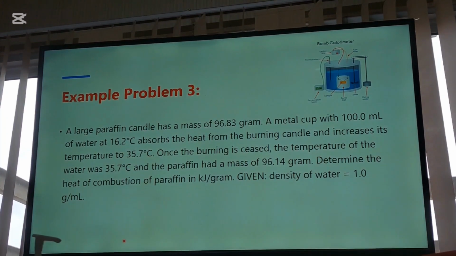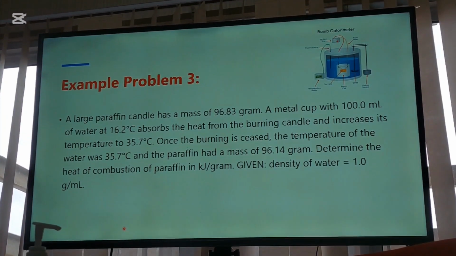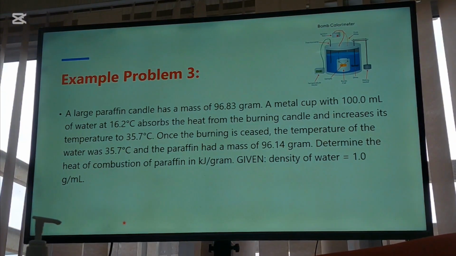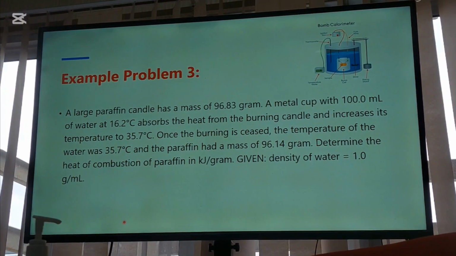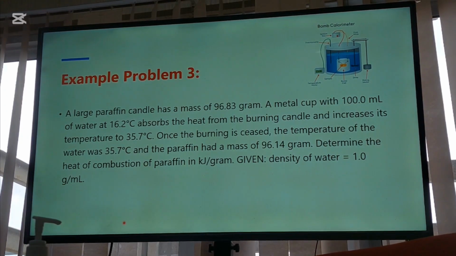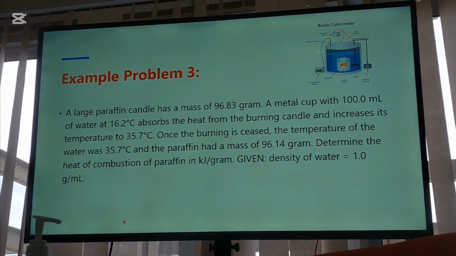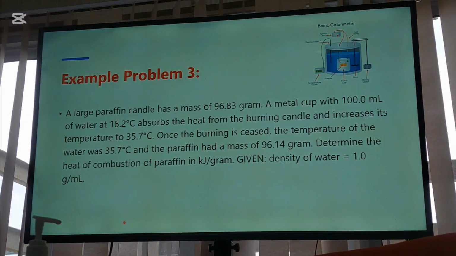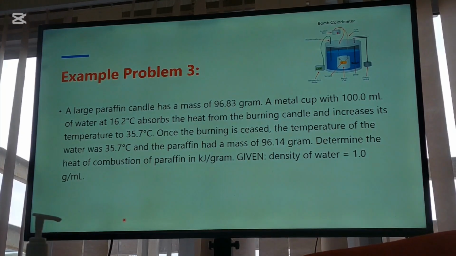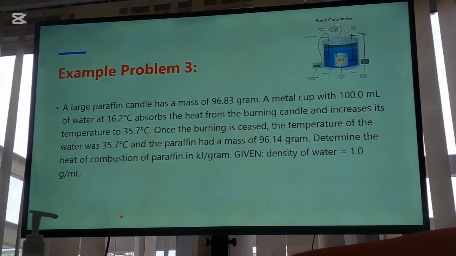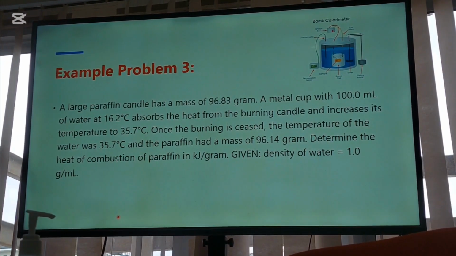The same condition as before. The temperature becomes 35.7 degrees Celsius, and the paraffin now has a mass of 96.14 grams. The question is to determine the heat of combustion of paraffin in kilojoules per gram. The density of water is 1 gram per milliliter.